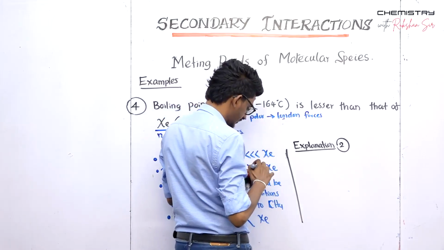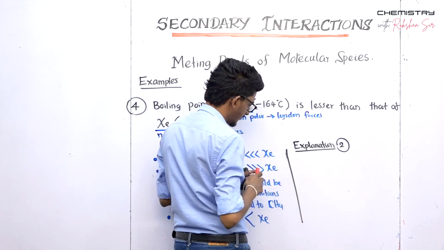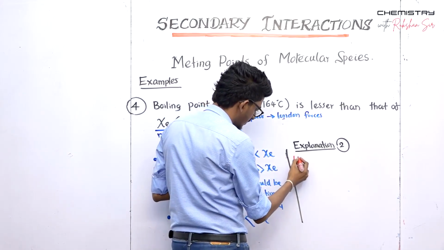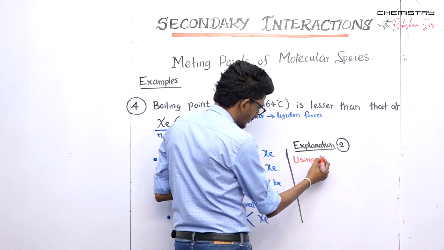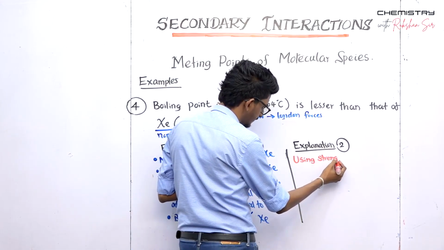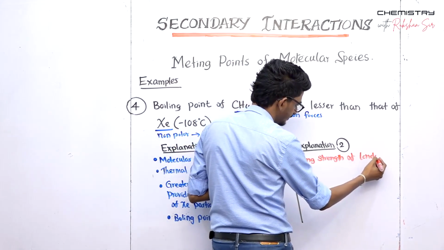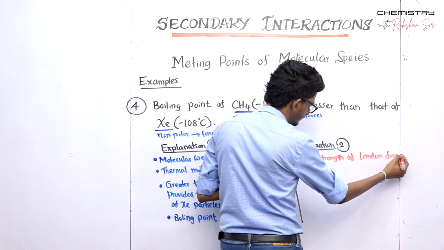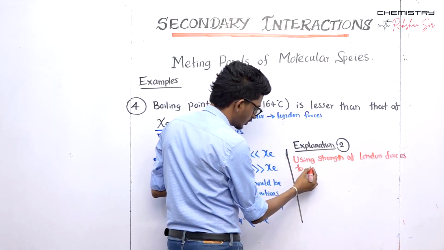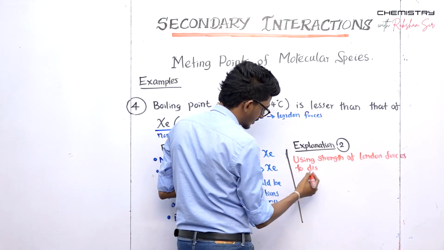Here, what we are doing is using the strength of London forces to describe the observation.